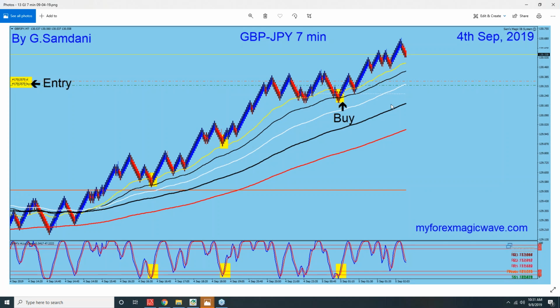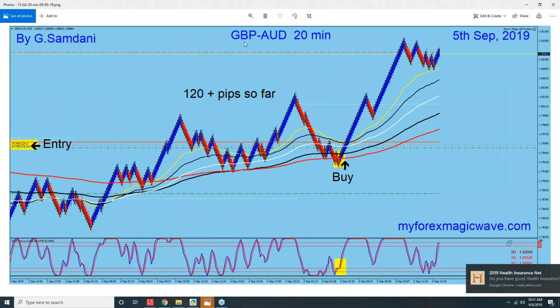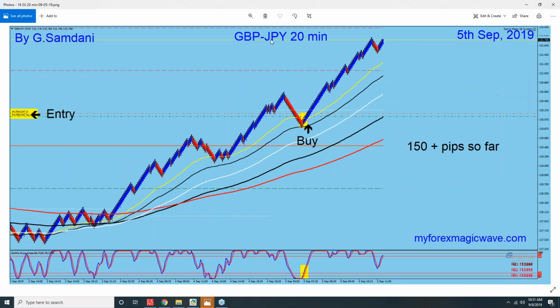And that continued into the following day as well. On the 5th, let me show you, pound Aussie again to the upside, and this is the big one for pound yen. The small one yesterday, on the 4th, was here, right? And then a nice dip, beautiful entry by the book, and 150 pips on the 5th again.